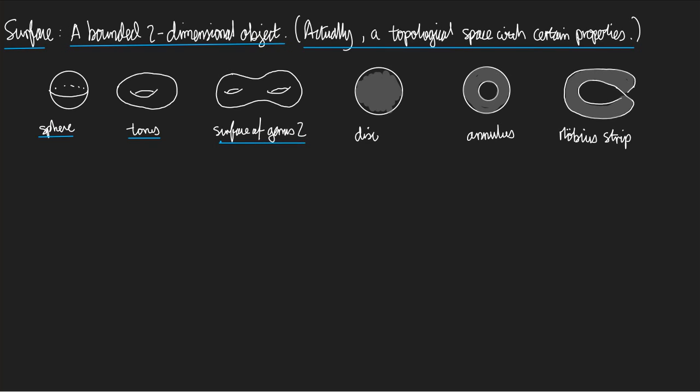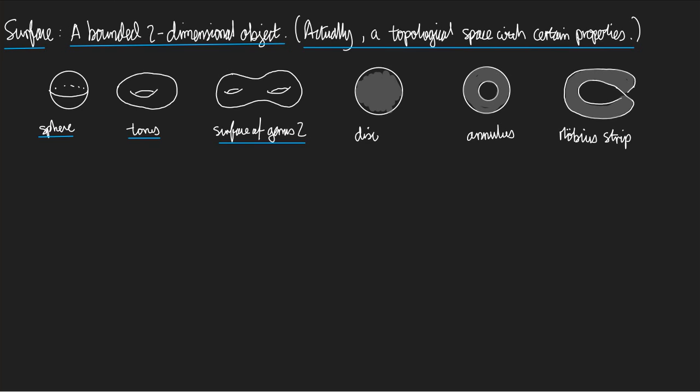This is a bit like what you would get if you took a couple of tori, chopped a bit off one of them to make a hole, chopped a bit off another one to make a hole, and then glued them up to form a single solid there. So that's what the surface of genus 2 is. Again, it's just a surface. If you filled it in, then you would get some kind of donut with two holes.